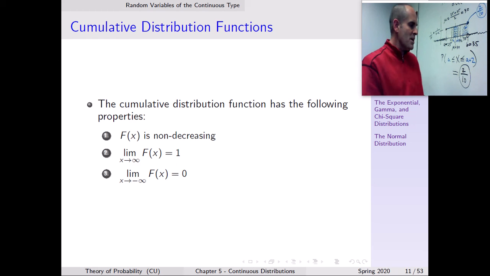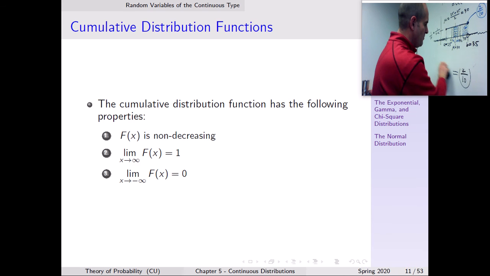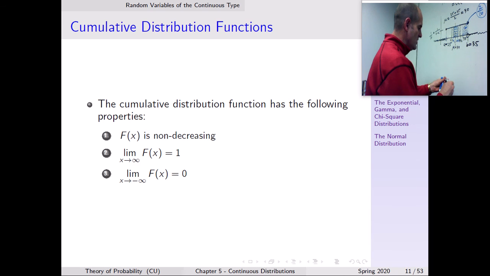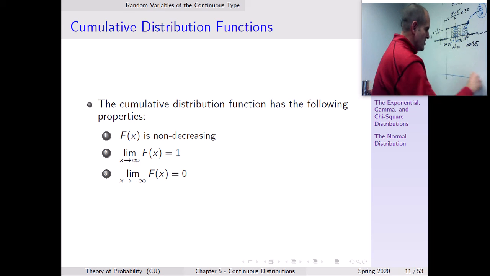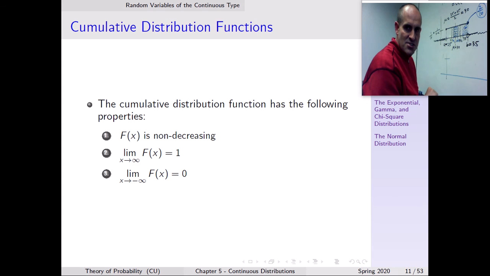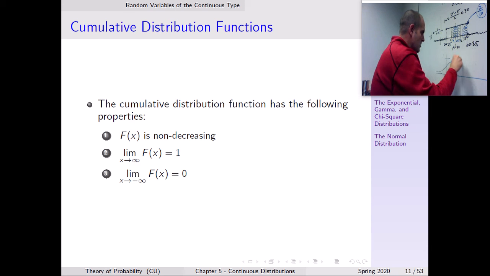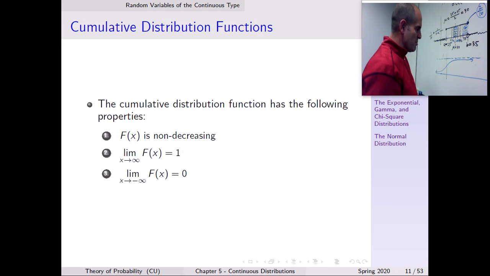So, here's kind of a picture of what's happening here. Here's what a typical cumulative distribution function looks like. So you put 1 on here like this. And what happens is the thing is always going up, but it asymptotically approaches 1 as x gets bigger from left to right.